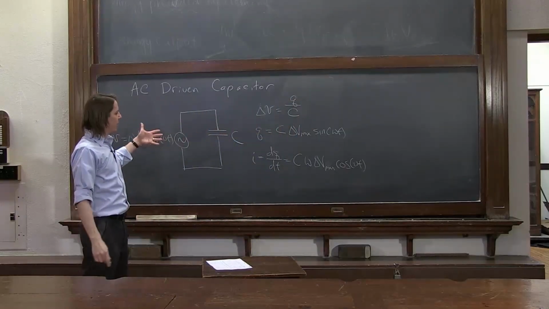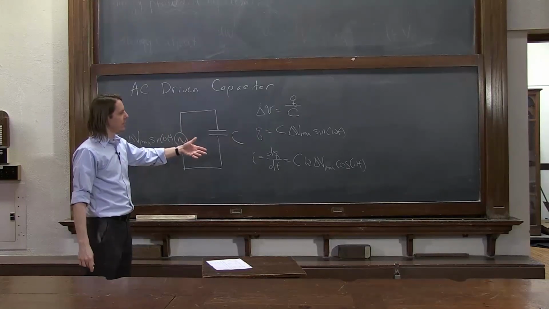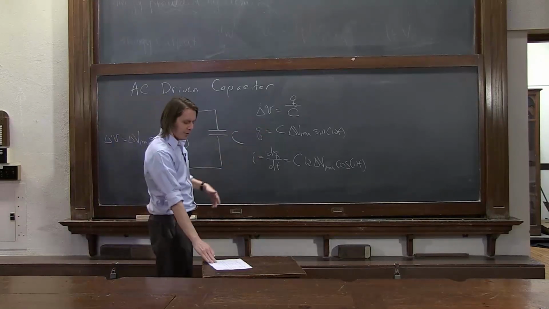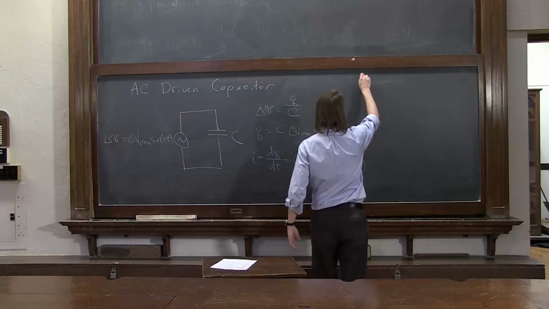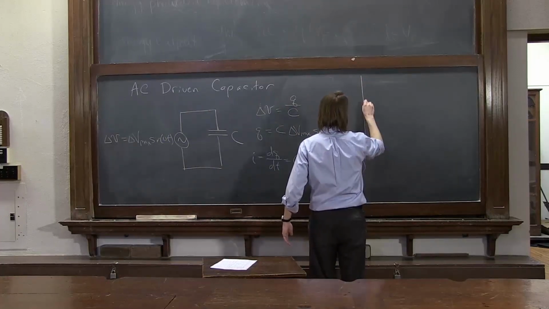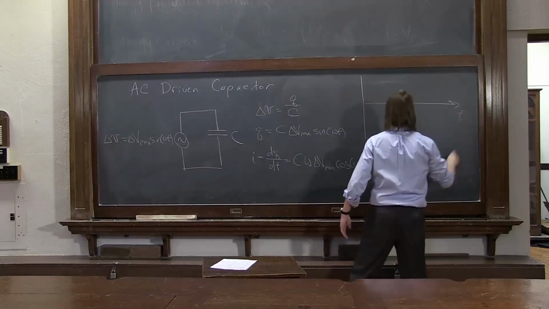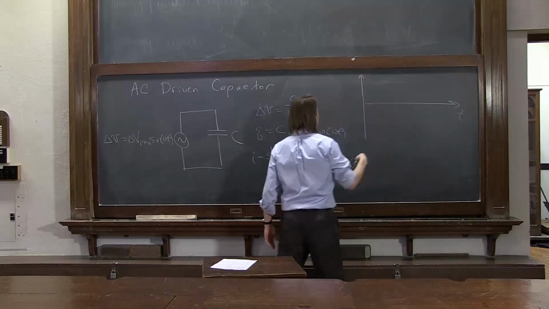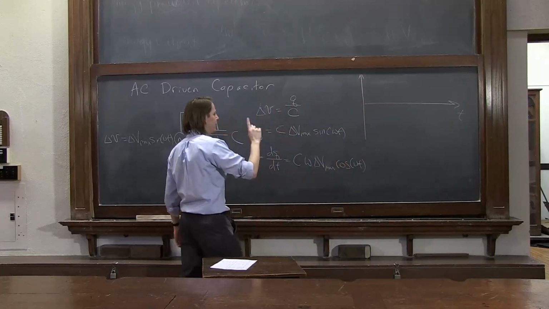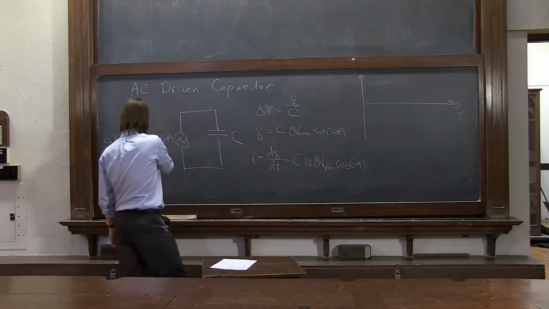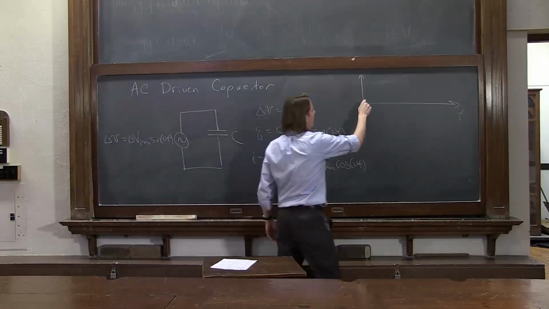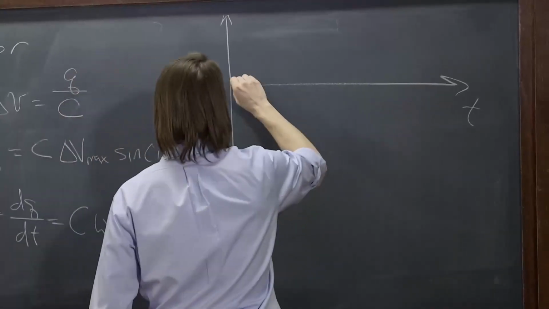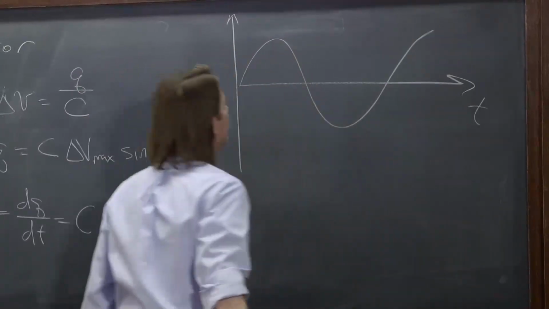So we apply a voltage, we get a current. We can look at them, we see they're both sinusoids, but there is a phase difference between them. So if we plot now time, and here I'm going to plot two things. First, I'm going to plot the voltage. We're driving with a sinusoid, so if we call this the origin 0, a sinusoid we know starts at 0 and does something like that.